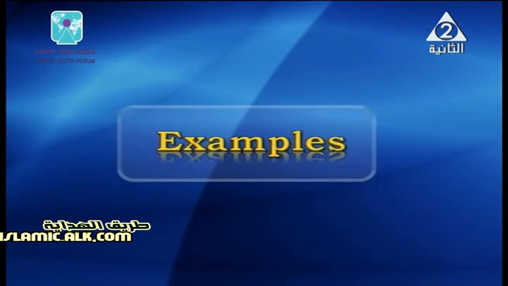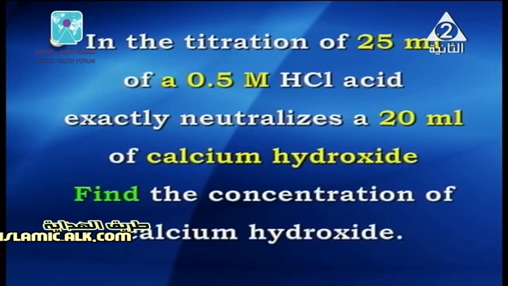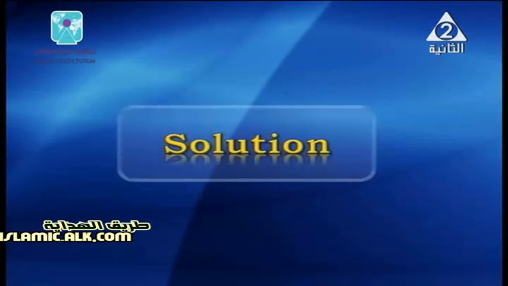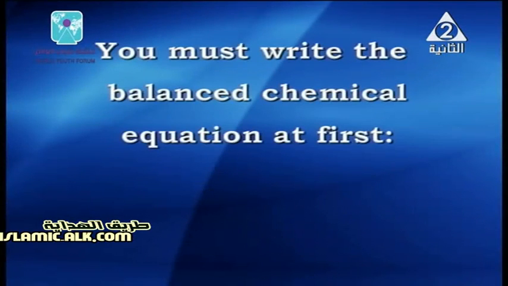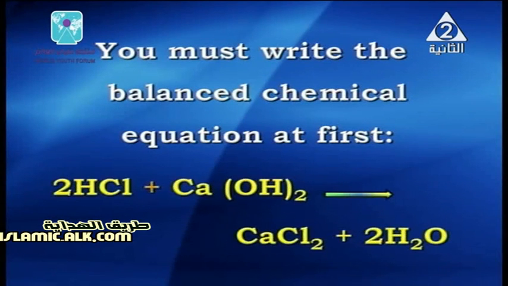So, examples. Here in the titration, 25 milliliter of 0.5 molar hydrochloric acid exactly neutralizes 20 milliliter of calcium hydroxide. Find the concentration of calcium hydroxide. The solution: you must write the balanced chemical equation at first. 2HCl plus calcium hydroxide gives calcium chloride plus 2H2O.